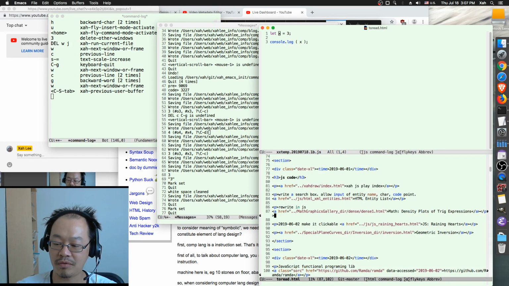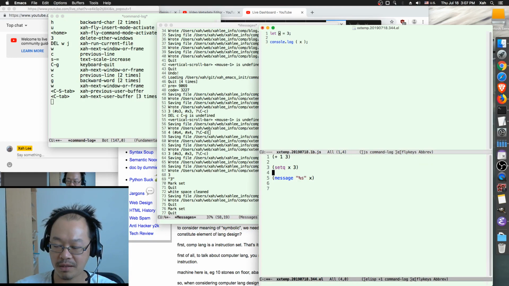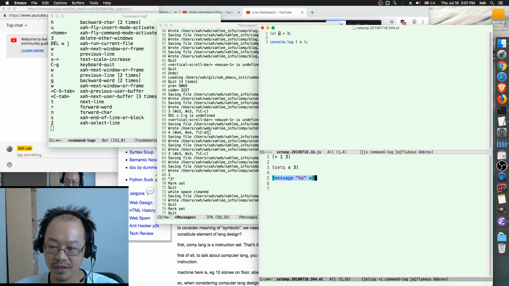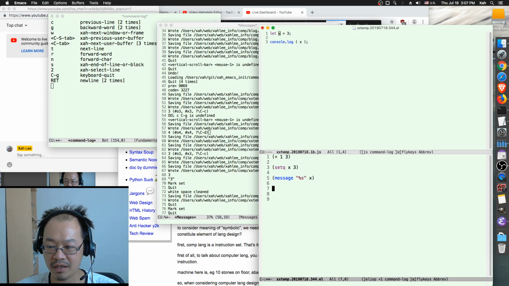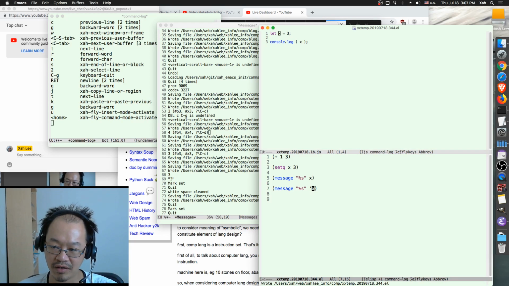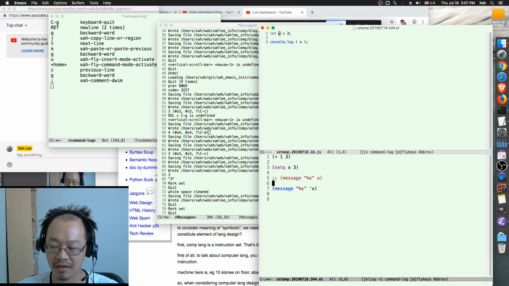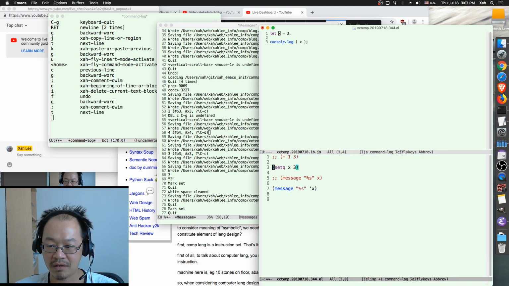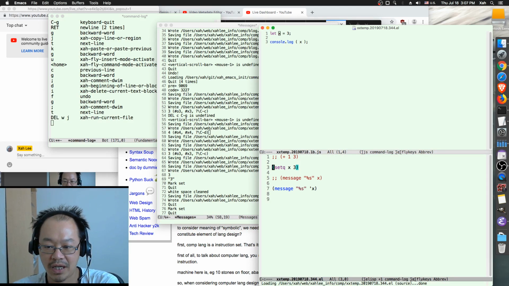Let's go back to Lisp, Emacs Lisp. In Emacs Lisp, you can print the value of x, but you can also print the symbol itself. Now look at this. Let's comment this out, and evaluate this buffer. Let's see what we get.